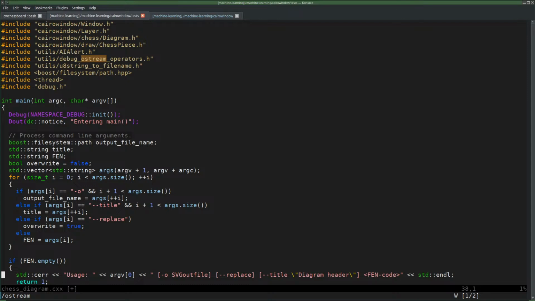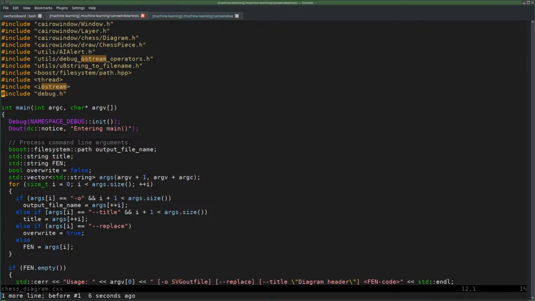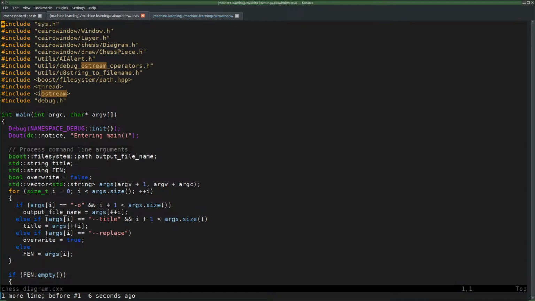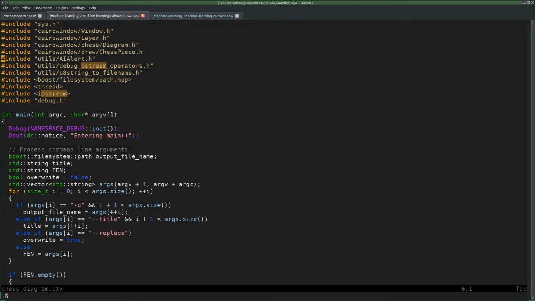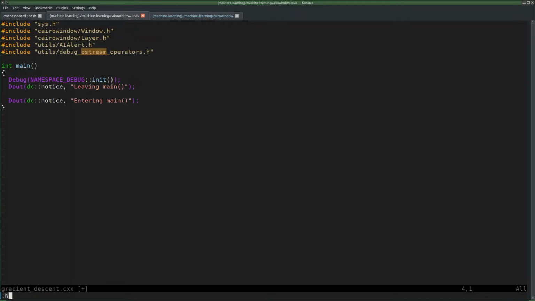Oh, the tendency error. That's why it was there. Yeah, it's already included by the debug O-stream operators, of course. Well, anyway, we need obviously a window and a layer, and let's say, yeah, might as well copy these. Probably need thread.